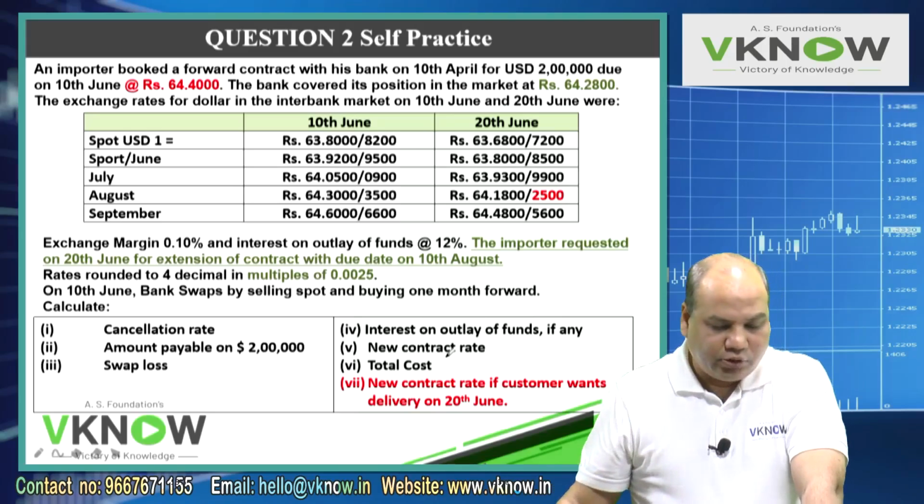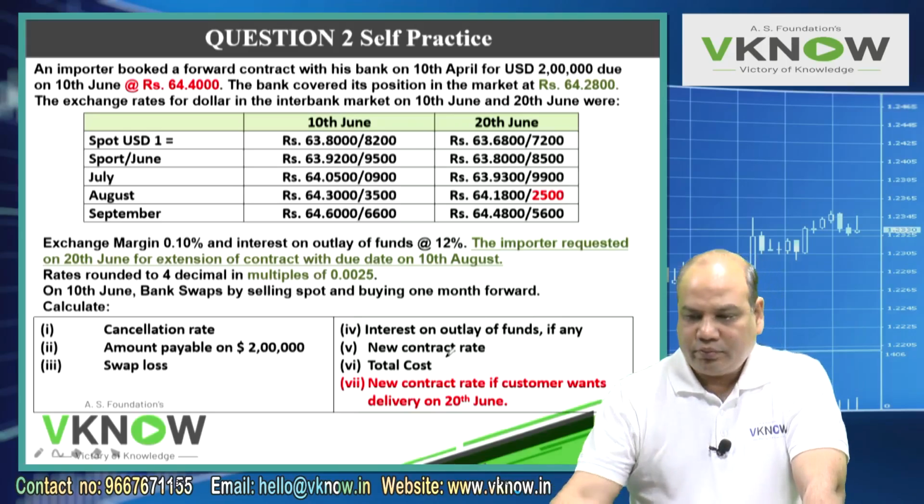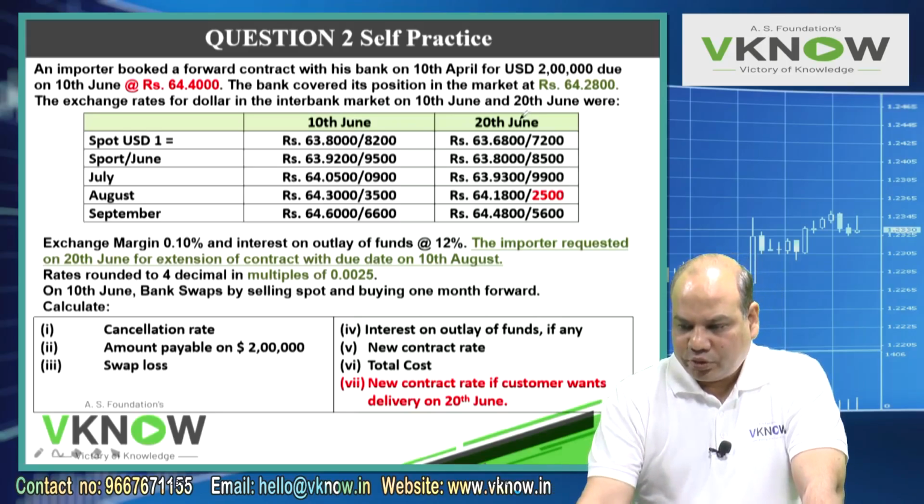My next question is new contract rate. The customer has come on 20th June. This is the question in front of you. And he wants to extend the contract till August. He is an importer. He will buy, bank will sell.